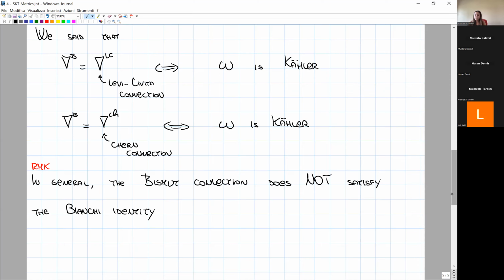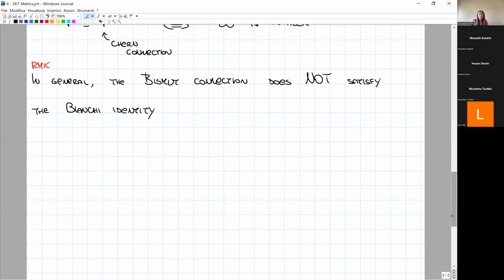That is, for instance, satisfied by the Levi-Civita connection. If you take the Levi-Civita connection, it does satisfy the Bianchi identity, but the Bismut connection doesn't. In fact, what we have is a formula by Ivanov and Papadopoulos. The following formula is due to Ivanov and Papadopoulos.